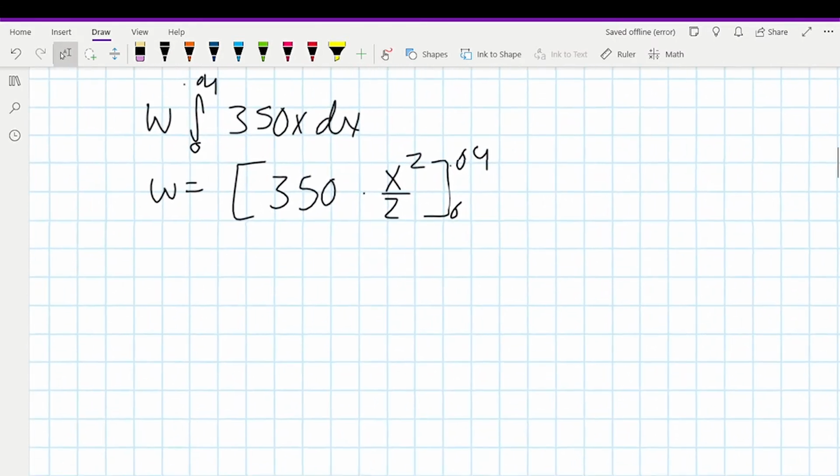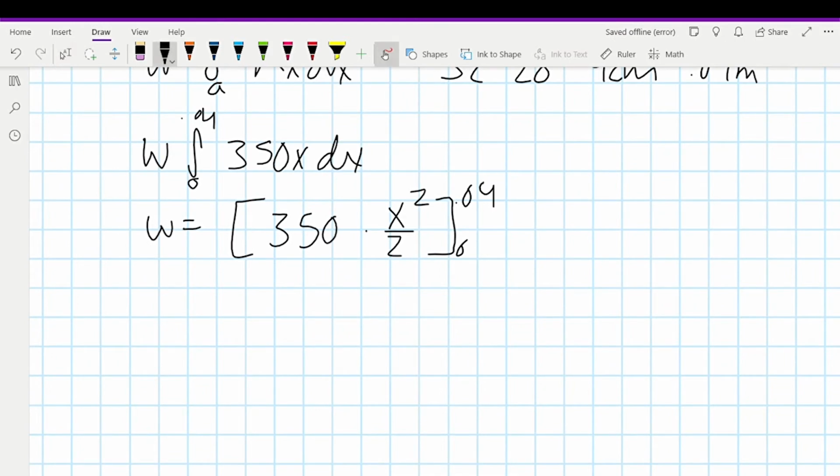Putting in our 0.04, that gives us 0.04 squared over 2 times 350, which gives us 0.28 joules, minus, if you put in your 0, that just gives you 0.